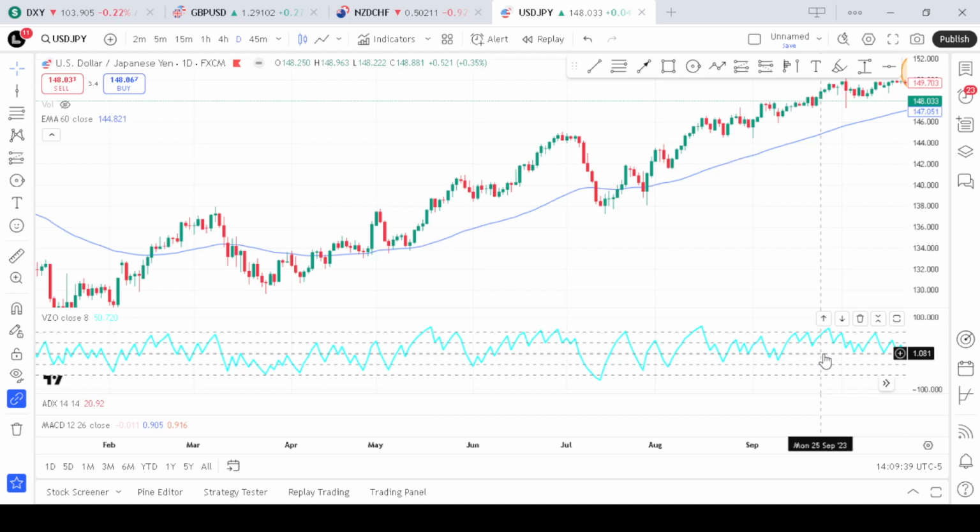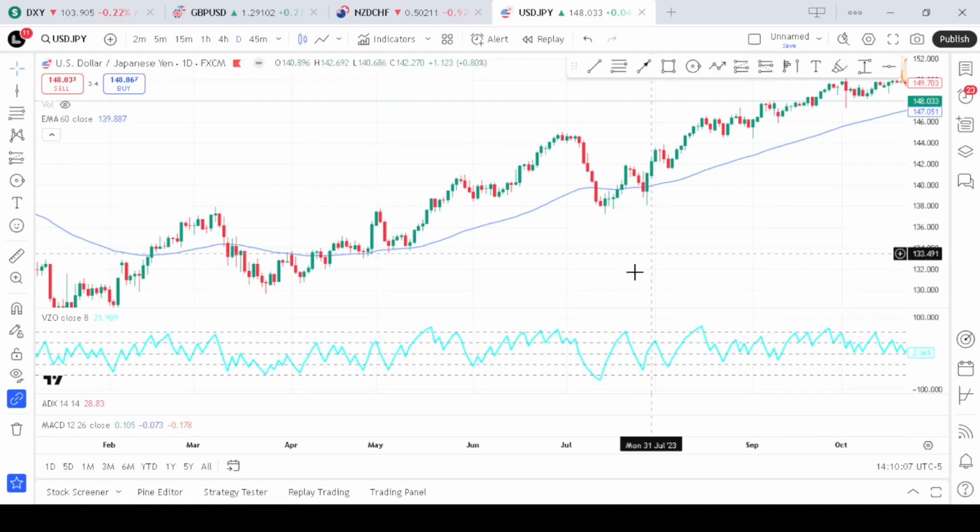For example, if the VZO reaches positive 60, it could be a sign that the market is overbought and is due for a fall back. While if the VZO hits minus 60, it is a sign that the market is oversold and is due for a pullback.